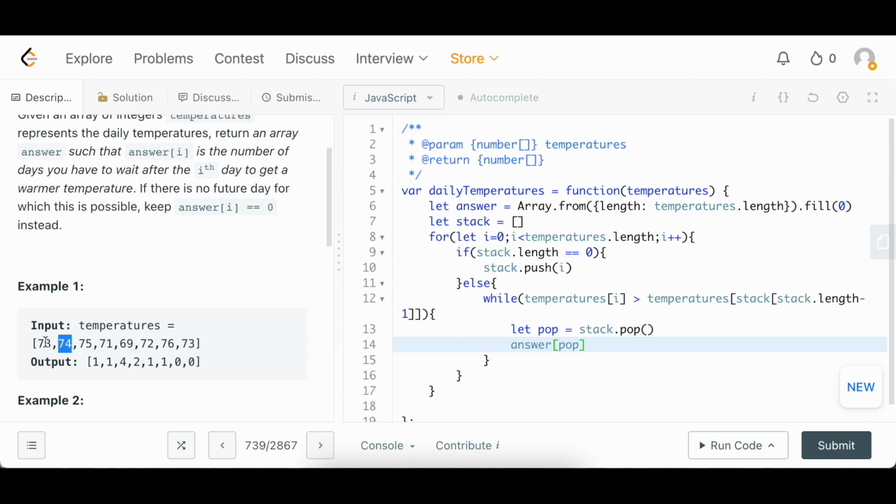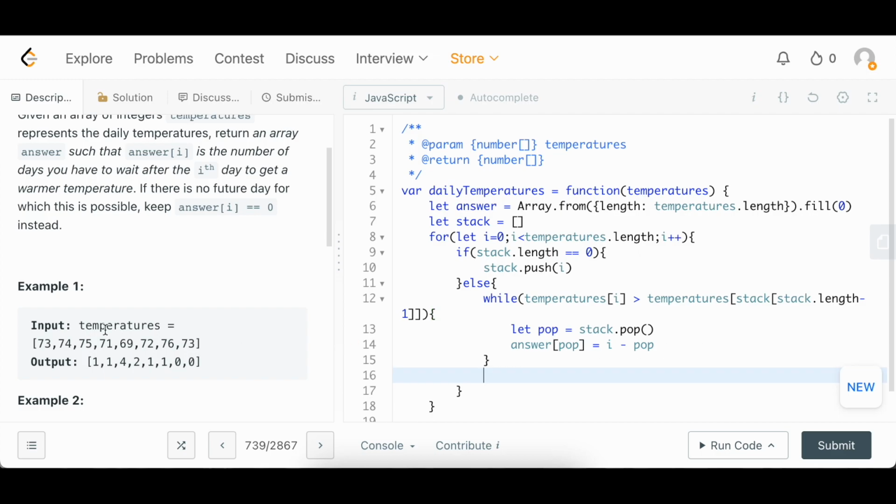So 74 is greater than 73. That means when I do pop, I'll get the pop value to be 0. Now answer at pop will be what? Current index minus whatever pop value I received. So the current index is 1 and the pop value is 0. So answer at 0 is going to be 1 minus 0, which is exactly what we need, right?